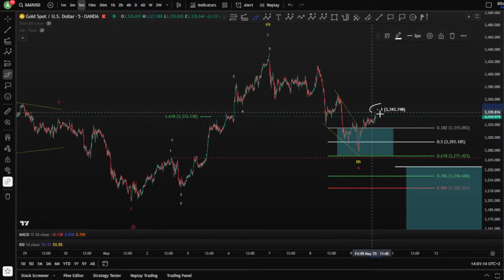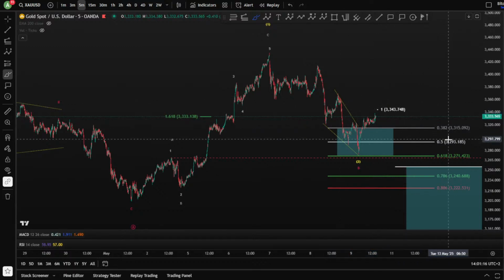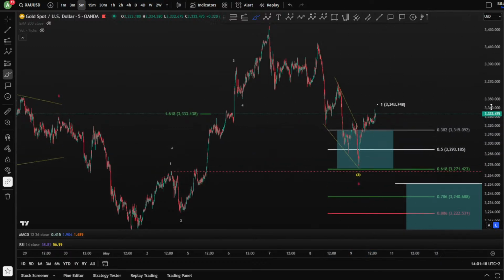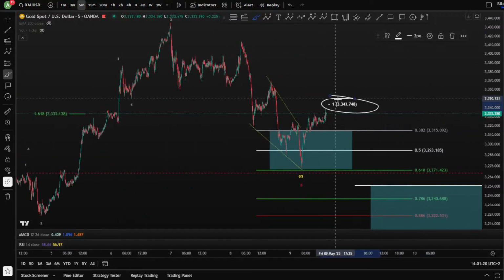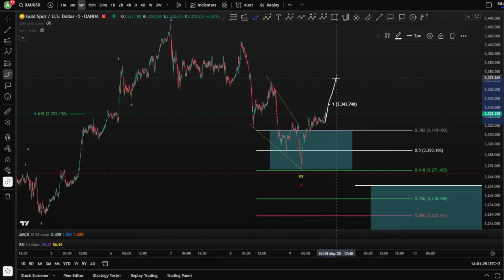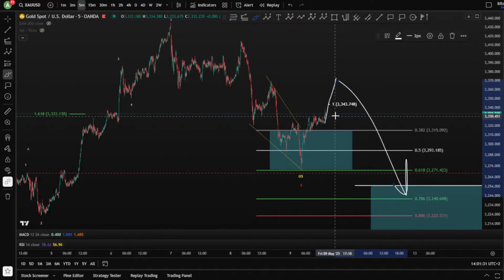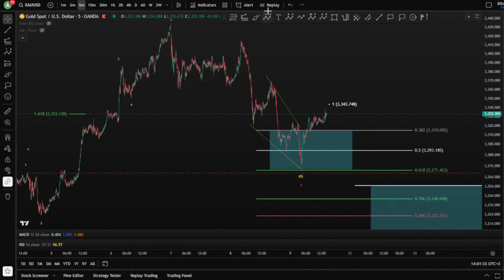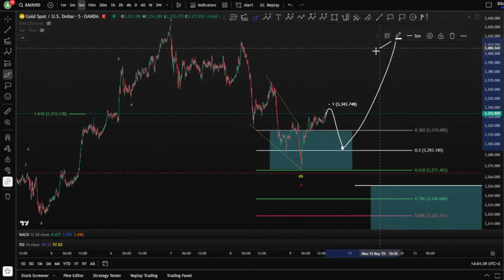So the key level right now is the 3,343. If you hit it right now with one leg directly, you are bearish, knowing that you can see higher. But it is bearish after all. If you don't hit it right now, and you stay under it and you move for a retracement wave 2, you are bullish.